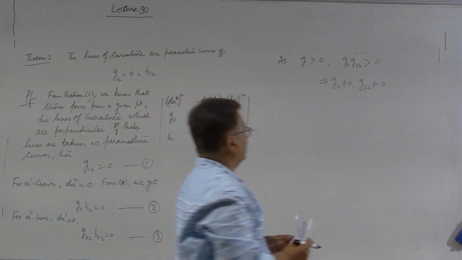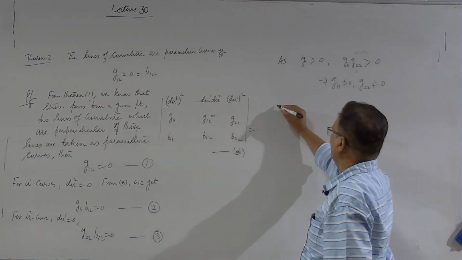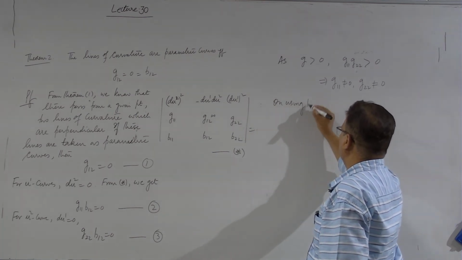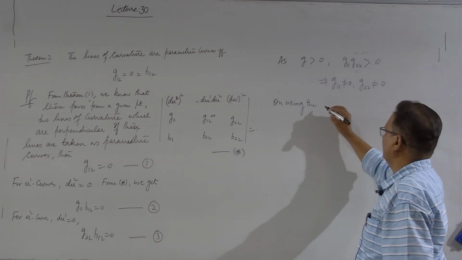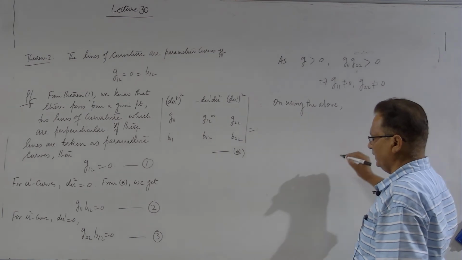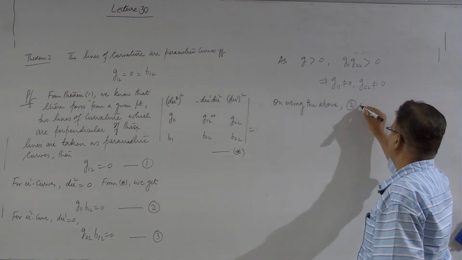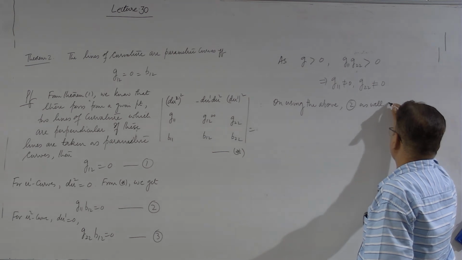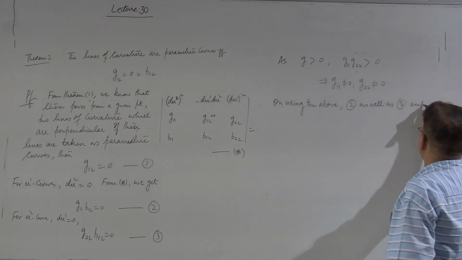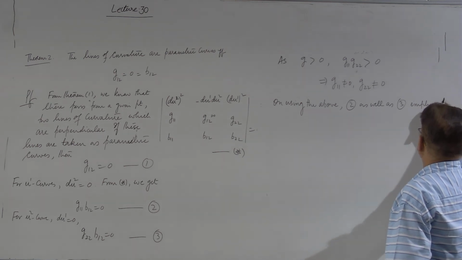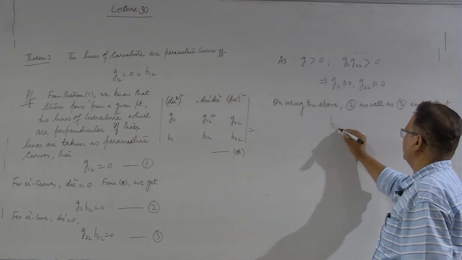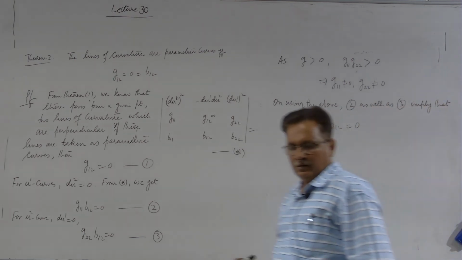So, using the above information, what do 2 and 3 imply? 2 as well as 3 imply that b12 equal to 0.